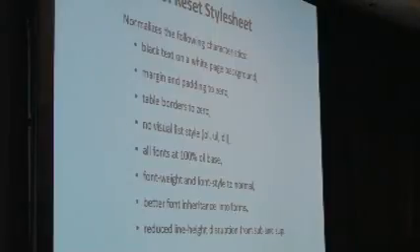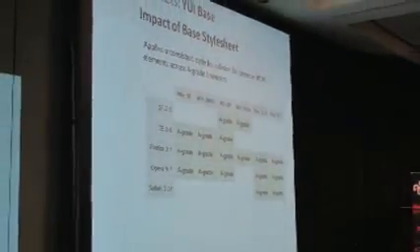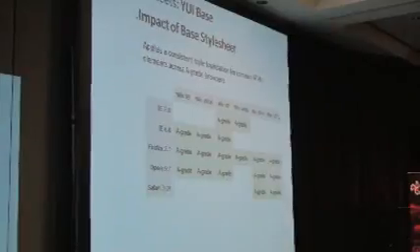Having reset that, now perhaps you want to ensure that there is some baseline consistency there. And that's where the base style sheet comes into play, which is the next style sheet that we included here. And as you can see, the A-grade browsers are pretty broad. I mean, this would capture upwards of 95, 97% of your user base.